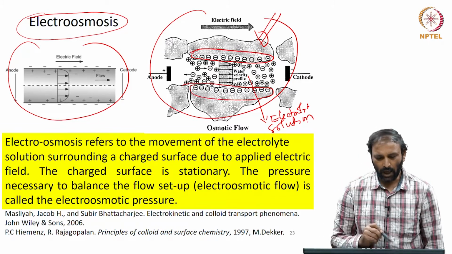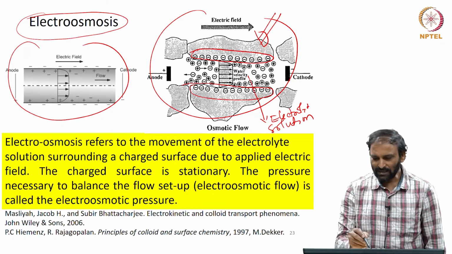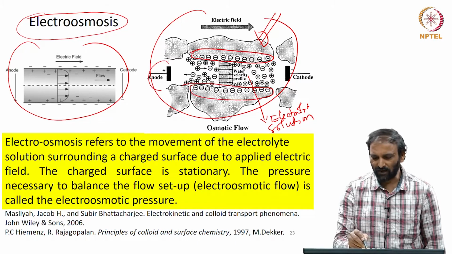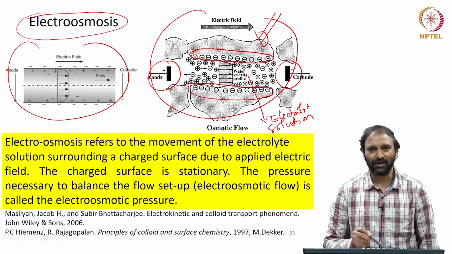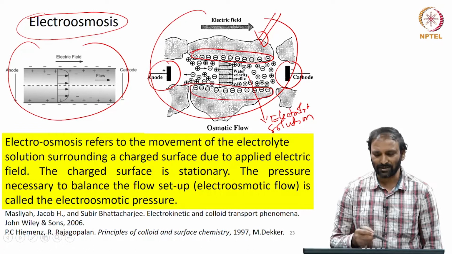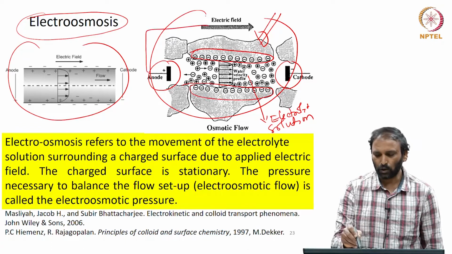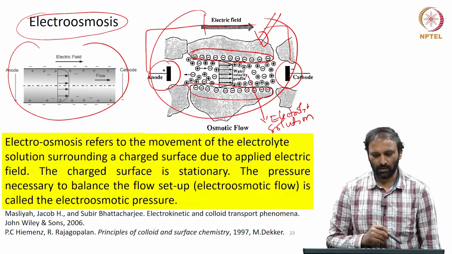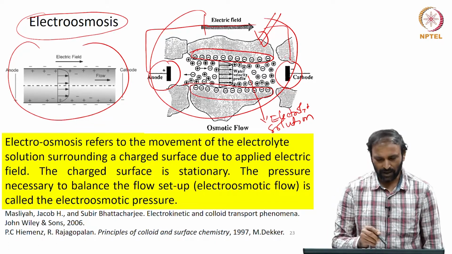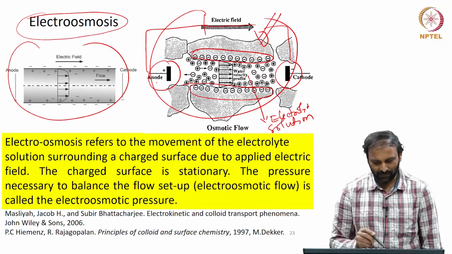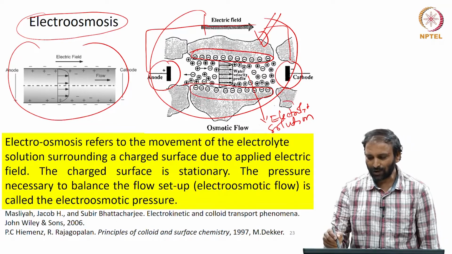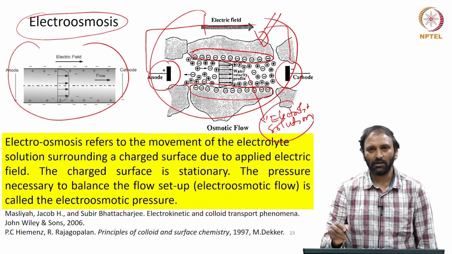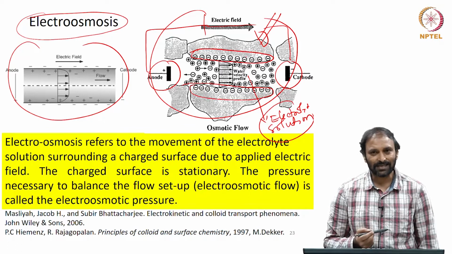Now you could apply an electric field, which can be generated by having two electrodes and connecting them to an external supply. When you apply the electric field, the electrolyte solution between the two charged surfaces is set into motion.